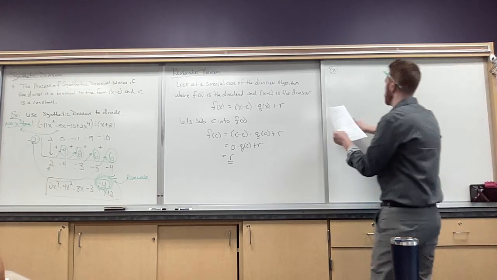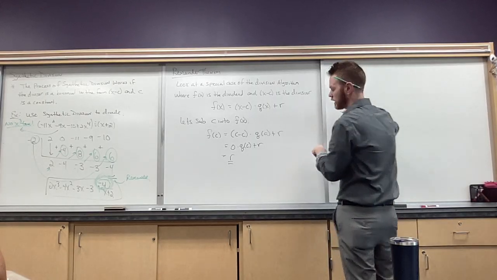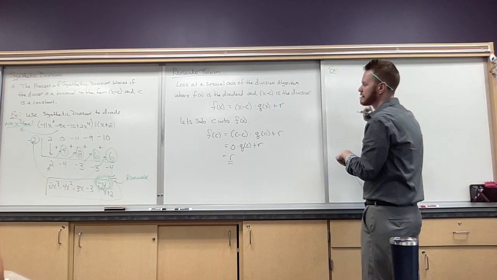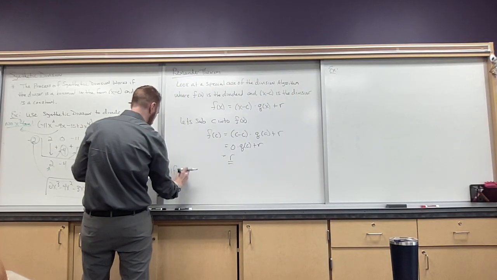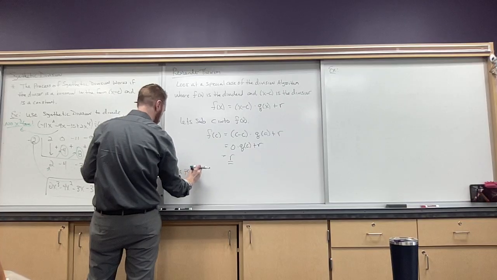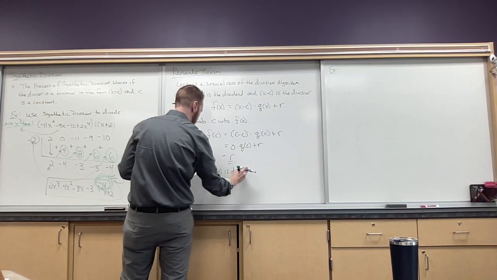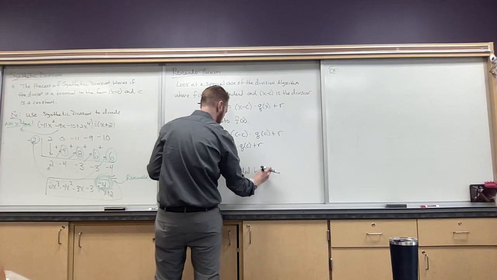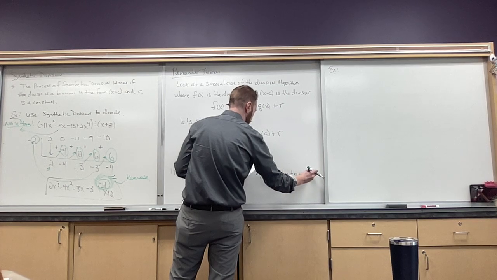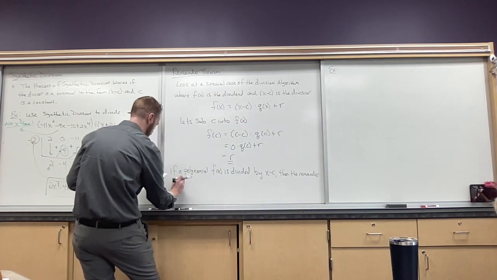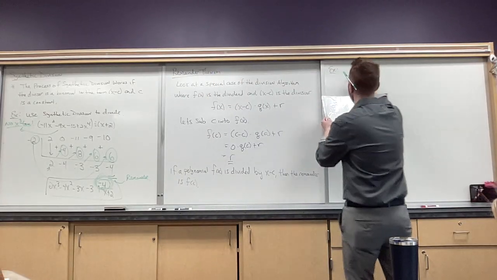Make it a little bit easier. So let me tack this on at the very end, and then we'll do the example. One final note with this: if a polynomial f of x is divided by x minus c, then the remainder is f of c. So we're going to see that in this next example.